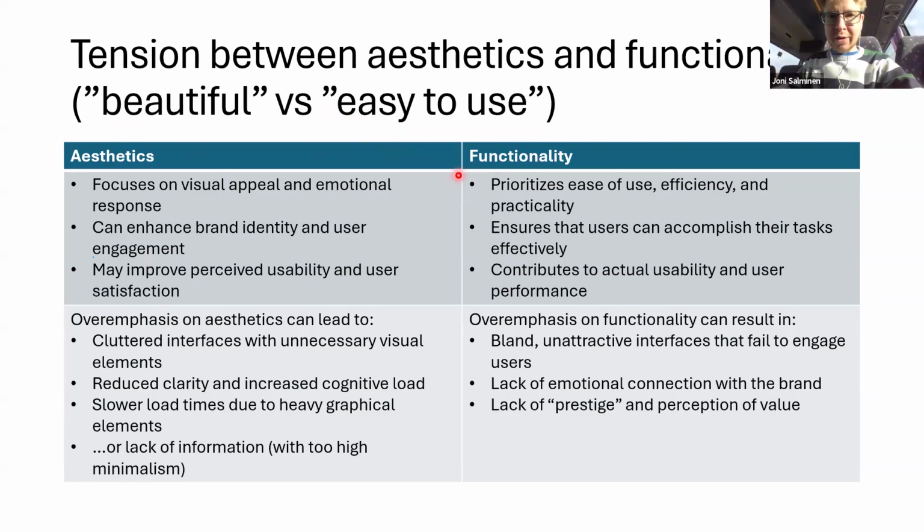Predominantly, functionality is a criterion for usability, so that the interface and the product support people's completion of a certain task, so they can complete what they want to do.